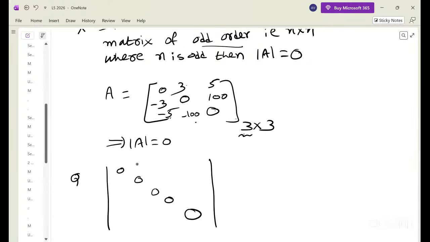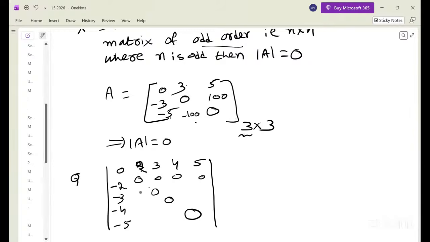Check whether it is skew symmetric. If it is not skew symmetric, you will have to do it. If it is upper triangular, lower triangular, or skew symmetric, then only you can use this trick. And one more thing: whatever you are taking here, 3, 4, 5, for example, opposite you should have minus.